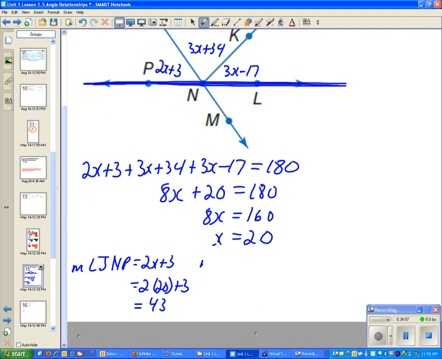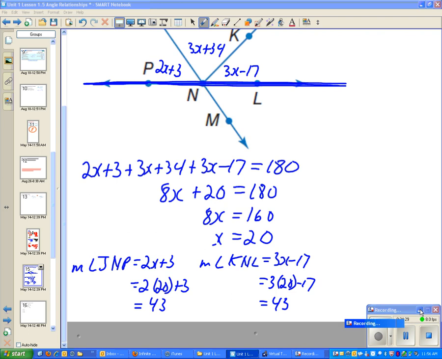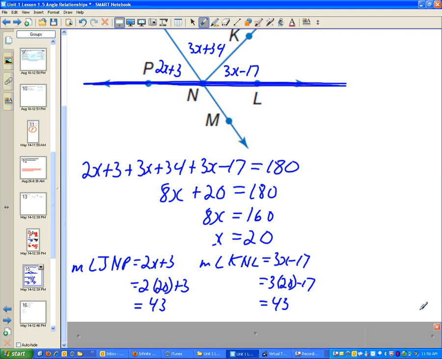43. Now, the measure of angle KNL is 3x minus 17. What's 3 times 20? And 60 minus 17? Also 43. Yeah, so those two are congruent.